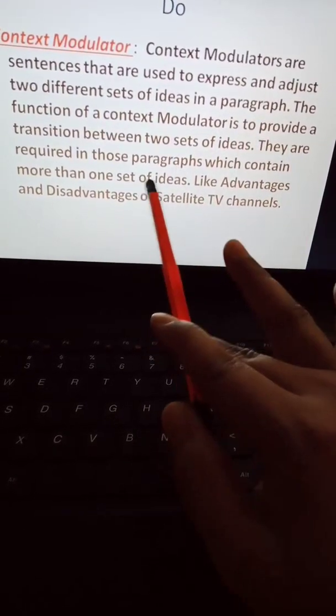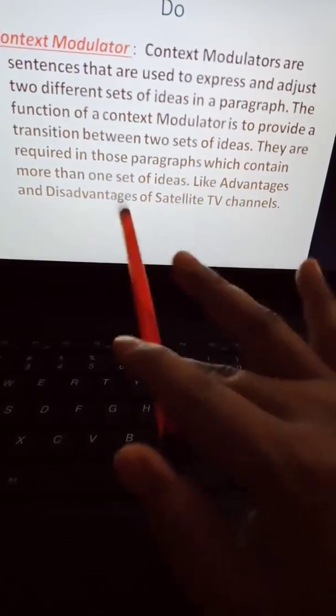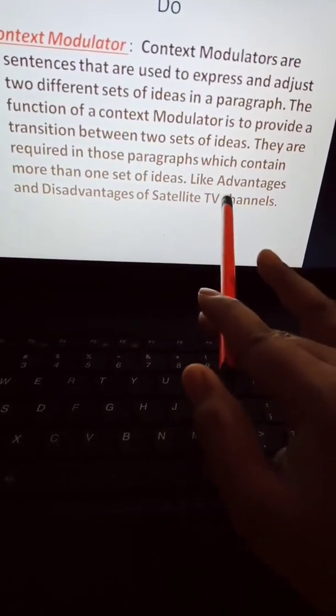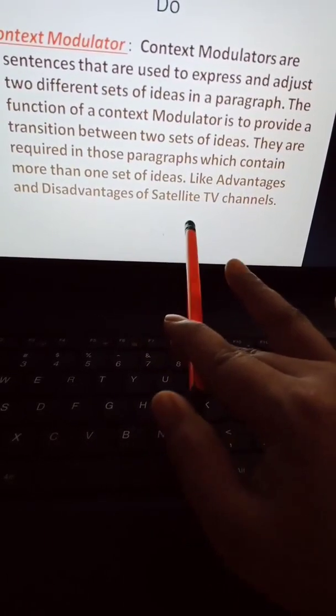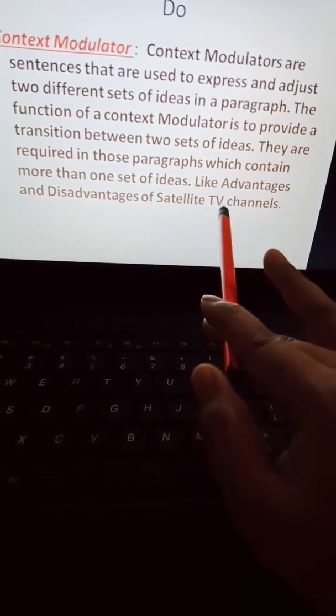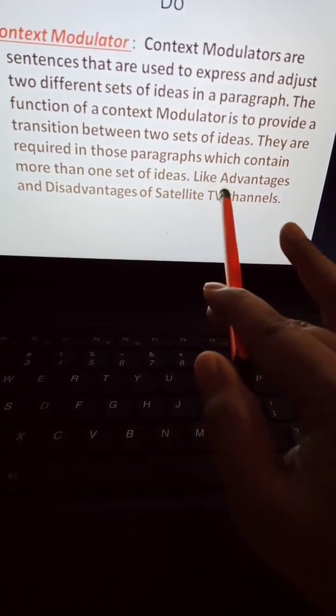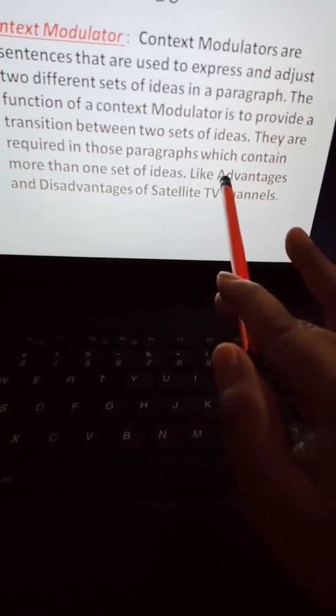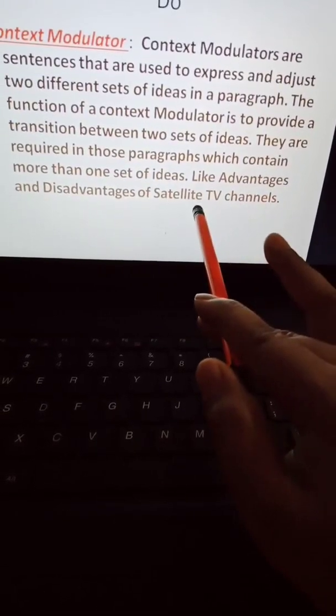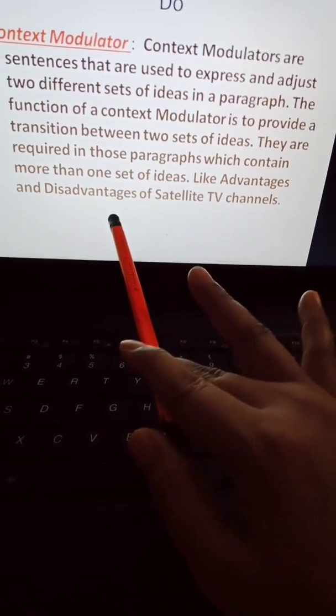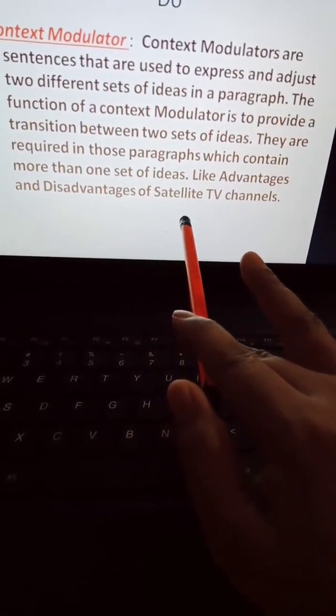They are required in those paragraphs which contain more than one set of ideas, like advantages and disadvantages of satellite TV channels. So here, the topic includes two sets of ideas. The first one is advantages of satellite TV channels, and the second one is disadvantages of satellite TV channels.